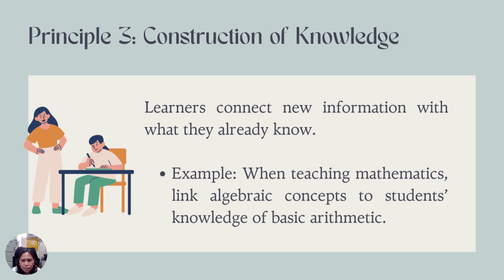By showing how addition and subtraction patterns form a basic algebraic reasoning, students feel more confident as they transition to a more abstract concept. This approach respects students' existing knowledge while also providing a bridge to a higher level of learning.